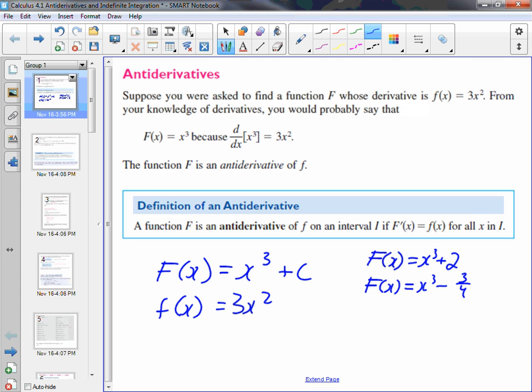So that's it. So you won't find one antiderivative unless you're given more information about that antiderivative. Okay?